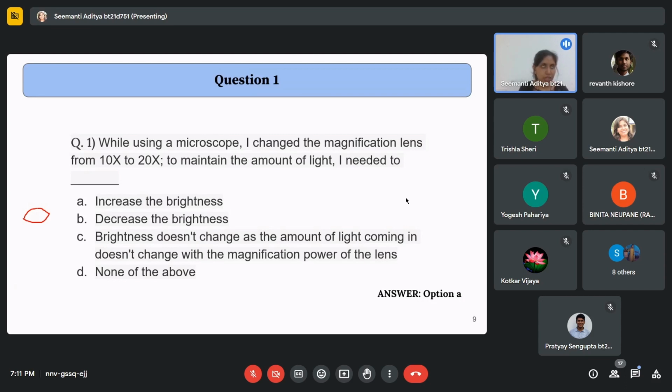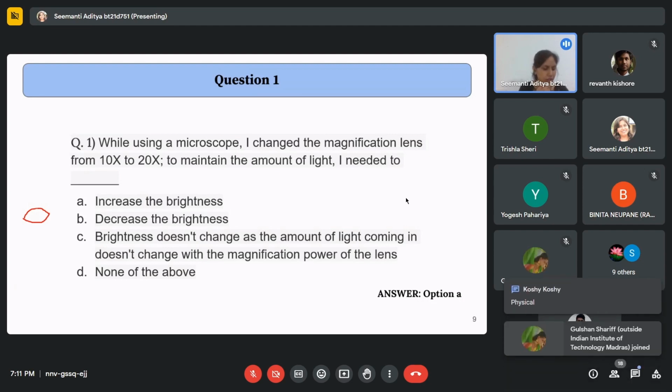Numerical aperture is n sine alpha. So if your aperture comes down at x20, whether it will come down, it's not, I'm not sure what you mean by physical aperture.